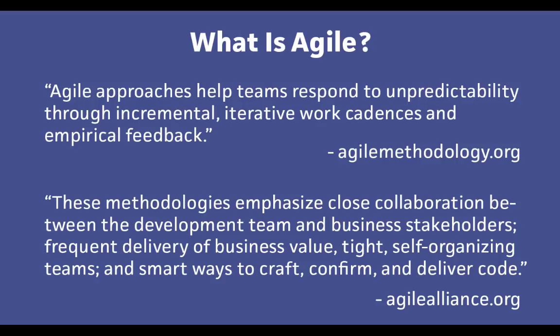So this means that a constantly refined and improved product is being delivered to the customer. Or as agilealliance.org puts it, these methodologies emphasize close collaboration between the development team and business stakeholders, frequent delivery of business value, tight, self-organizing teams, and smart ways to craft, confirm, and deliver code.